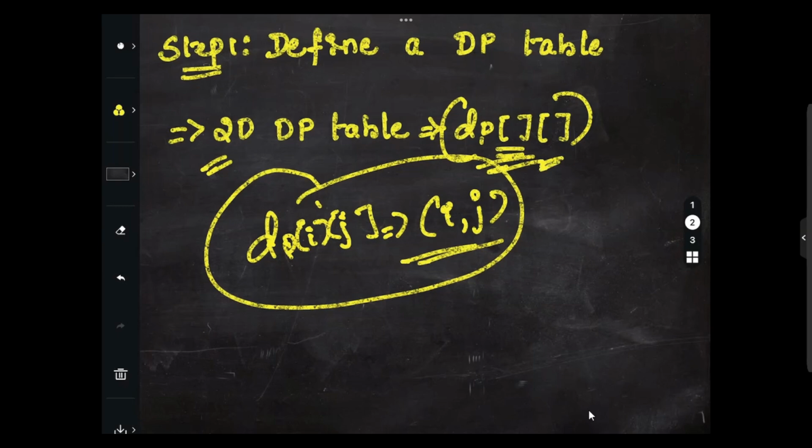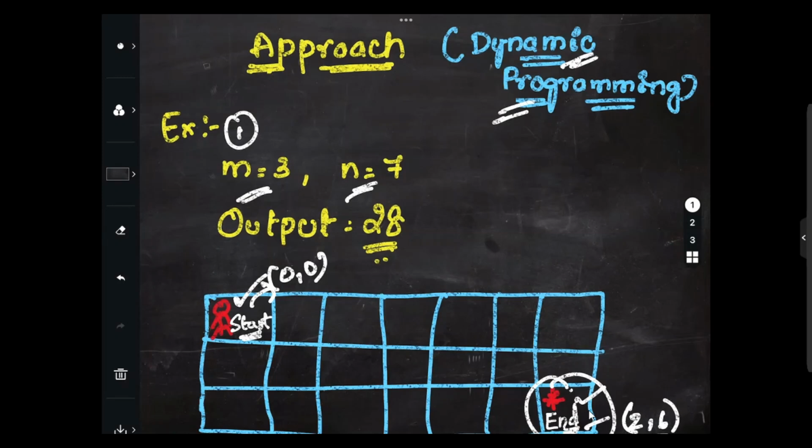So the next step is the base case, nothing but the first row and the first column.